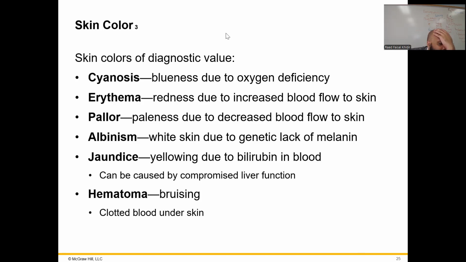So the metabolic byproducts of the breakdown of hemoglobin, if you have an excessive amount, will start to build up in the blood.